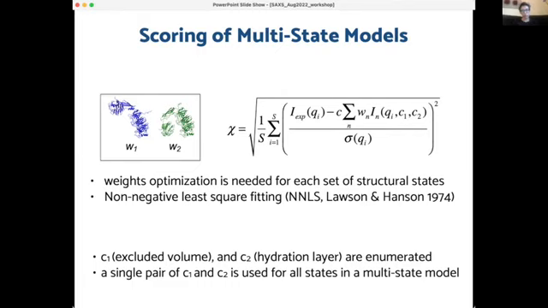So this optimization is analytical, and we can solve for weights very rapidly. And the big advantage is that we basically have a single set of fitting parameters for the whole multi-state model. So it will be a single C1, C2 pair for a multi-state model. If there are 5 states, it is still 2 parameters and not 10 parameters, which is very important if we want to avoid data overfitting.